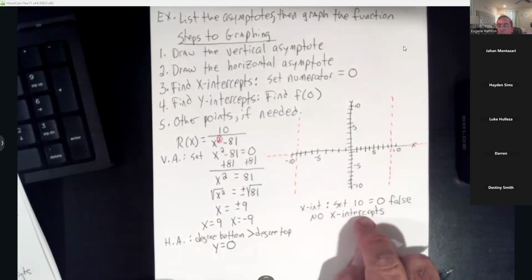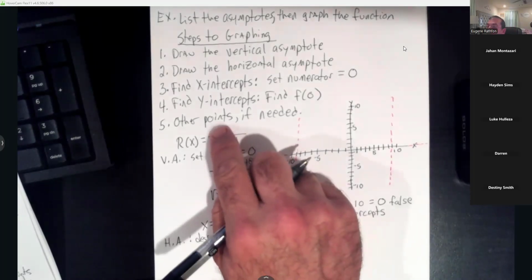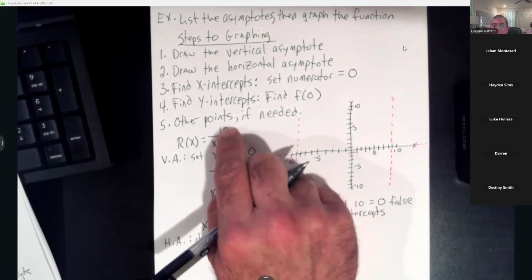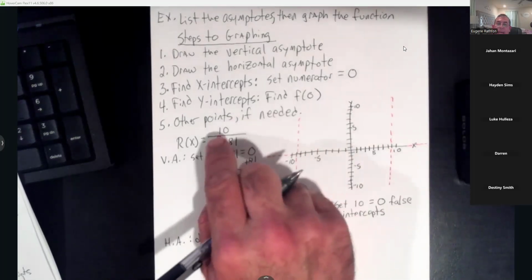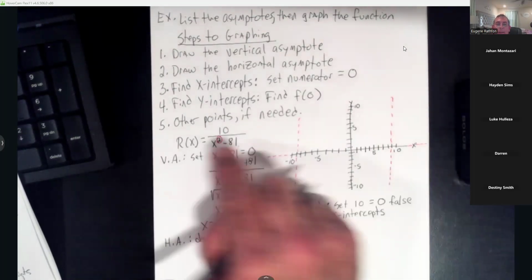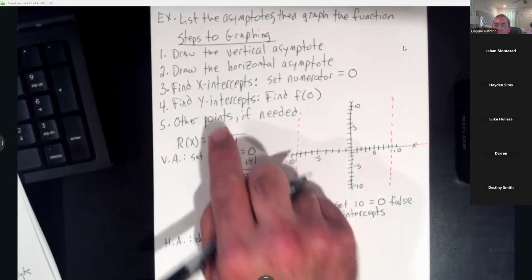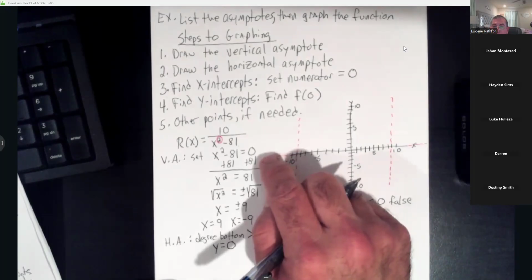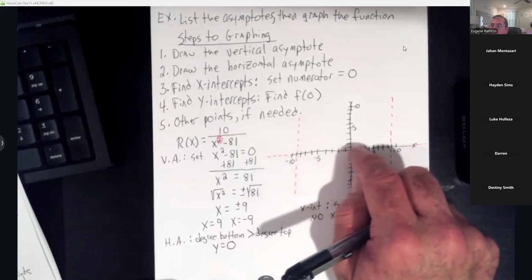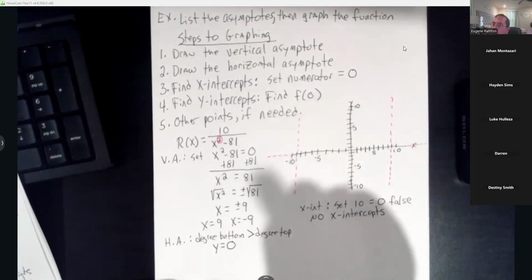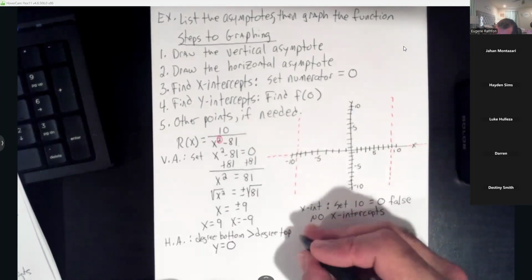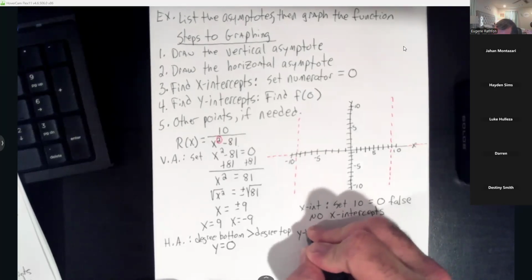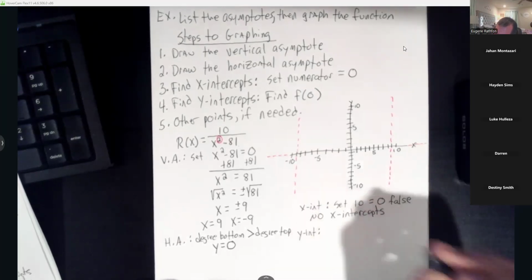The only way you would get x-intercepts is if you got the variable in that numerator and you solved it for x and got some answers out of that, okay?